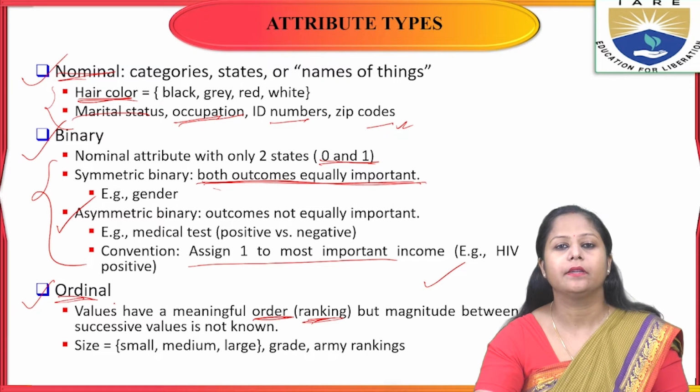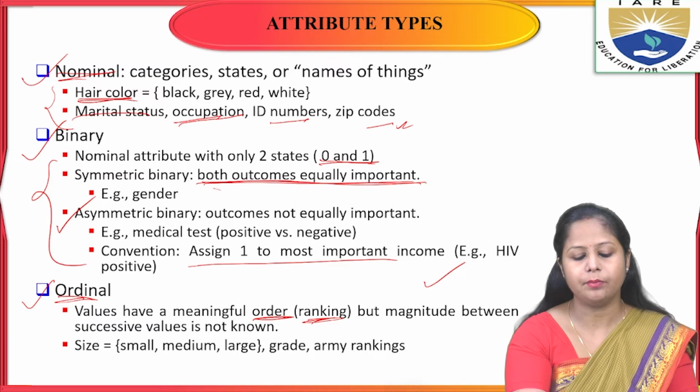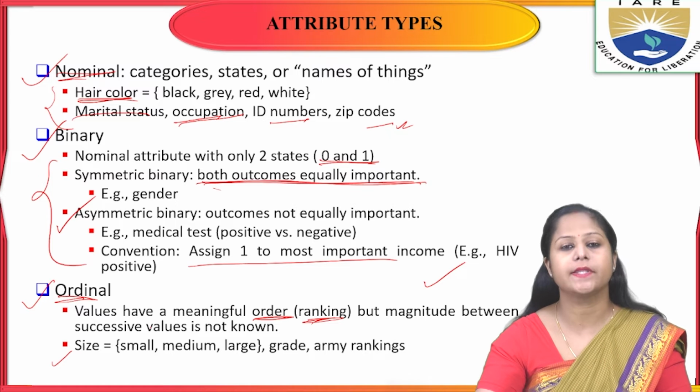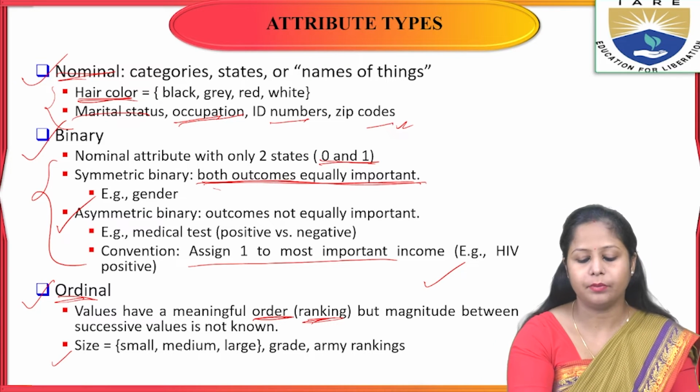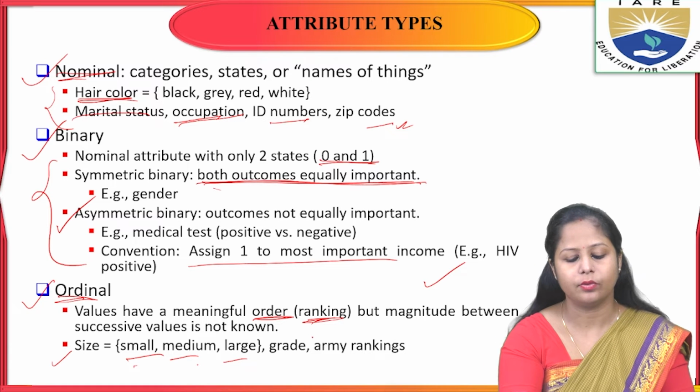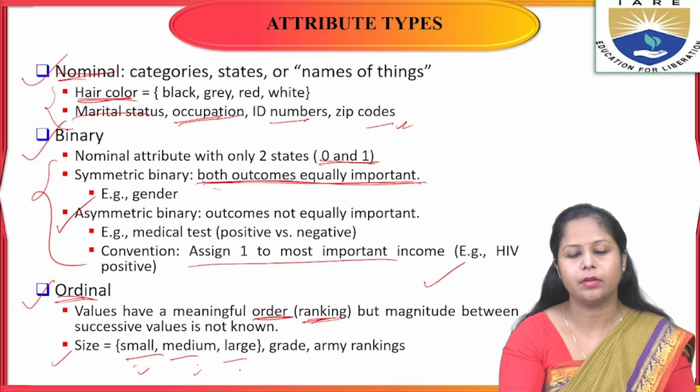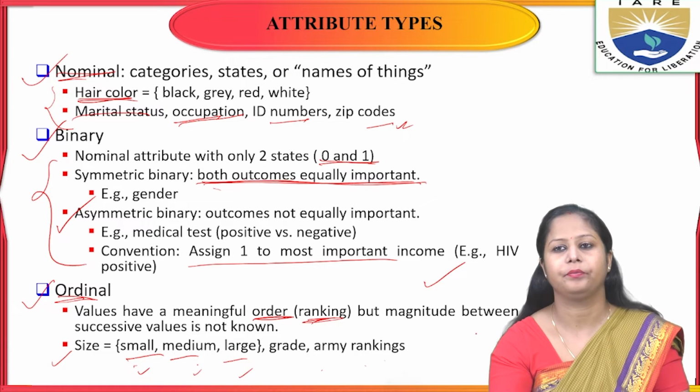But the magnitude between successive values we cannot know. For example, size equal to small, medium and large, grades, and army ranking. These have a meaningful order, but the difference between successive values we cannot know.